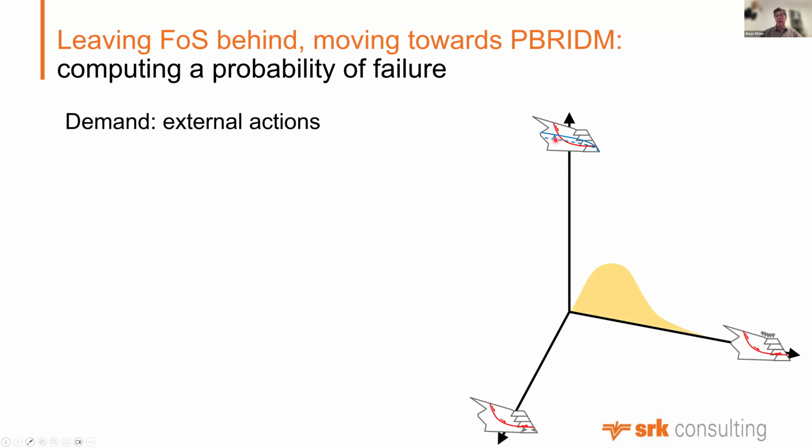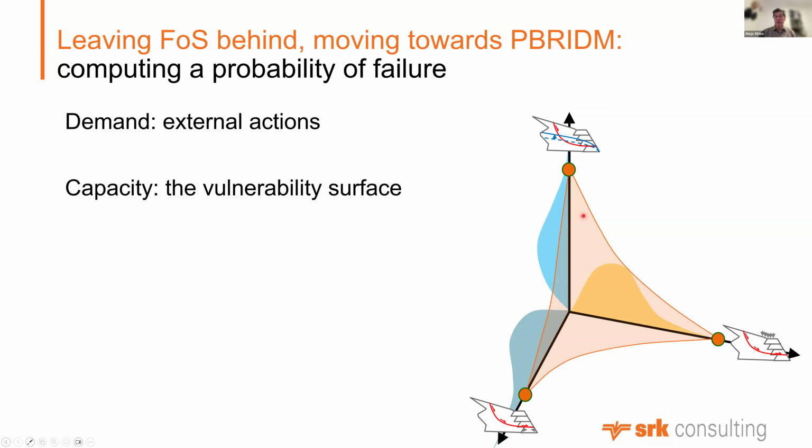We have the chances that we will have a load active here, the value of the load, and we must make an estimate of the probability of having a certain level of deformation at the toe or changes in the phreatic surface within the dam. Well, that is the demand. And you have the capacity, which is the vulnerability surface itself.